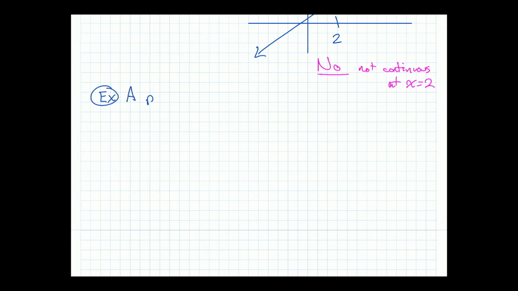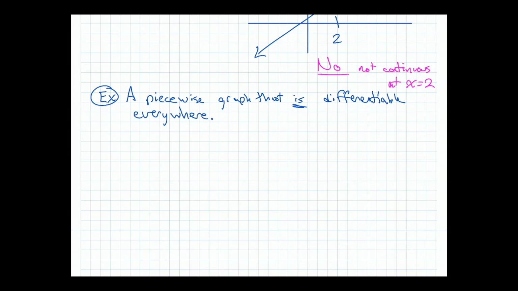This is a piecewise graph that is differentiable everywhere. All right, so let's say f of x equals 0 when x is less than 0.